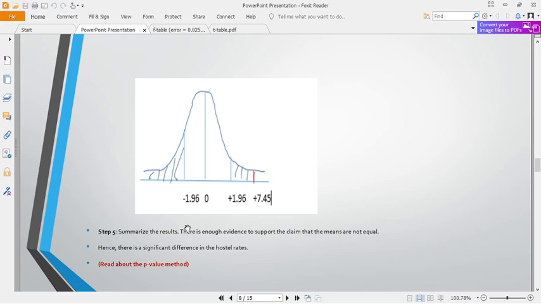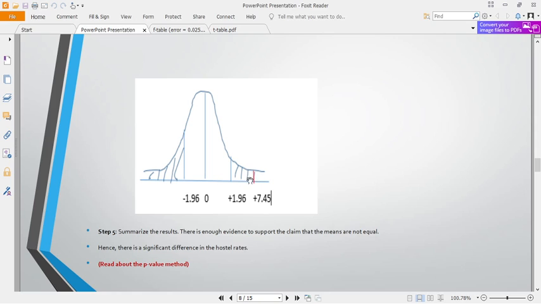Since 7.5 lies in the critical region or the shaded area, or it is greater than the critical value, then we conclude that there is enough evidence to support the claim that the means are not equal, or we reject the null hypothesis.